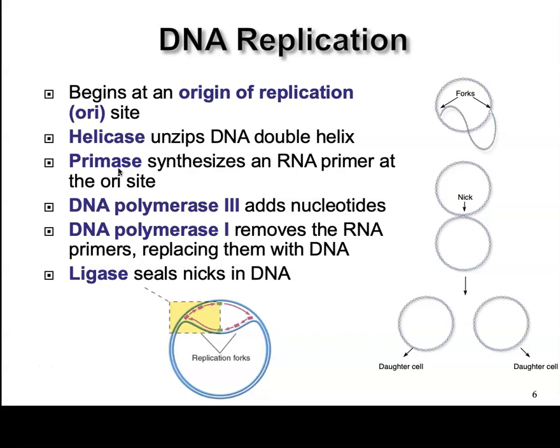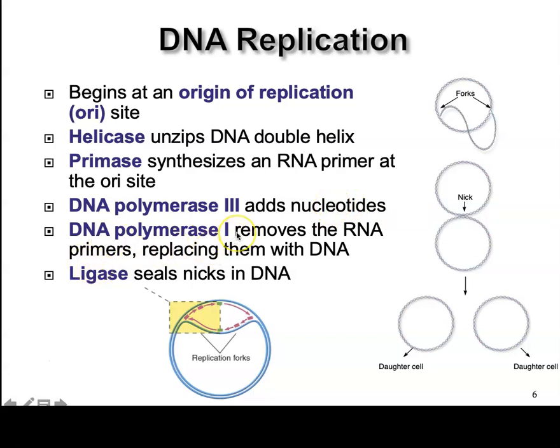DNA polymerase 3, this enzyme, anytime you see A-S-E, that's an enzyme, is going to add new DNA nucleotides when we're copying that strand. So here we open up and we want to copy the strand, and this is the enzyme that can add the new nucleotides, the A's, the T's, the G's, the C's.